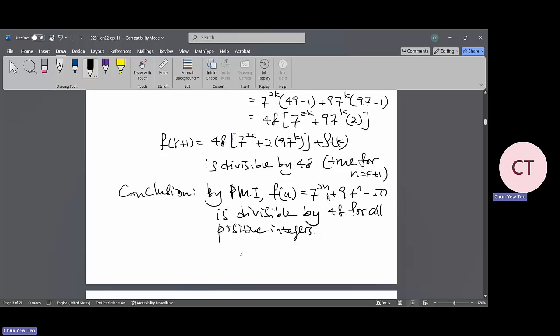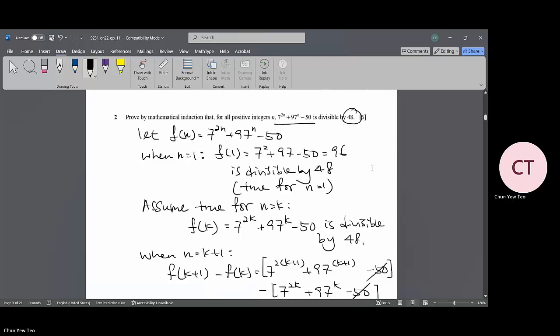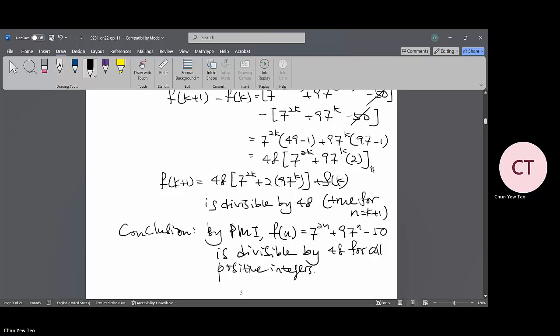Okay, so this is the answer for number 2. 6 marks. Now move on.